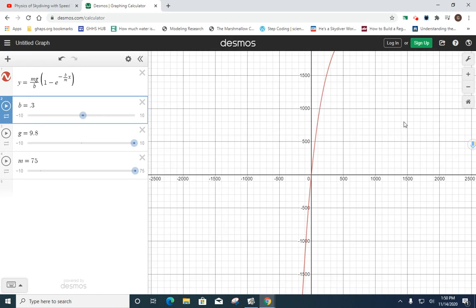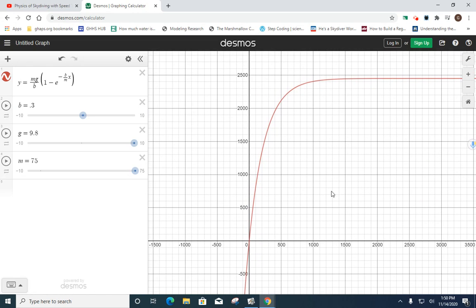Put in a 0.3, and sure, I get that characteristic shape of that graph, but you notice with that drag coefficient being 0.3, which is what the internet is telling me that value is, they would have a terminal velocity of, looks around 2450 meters per second. That's what, 3.5 times the speed of sound.